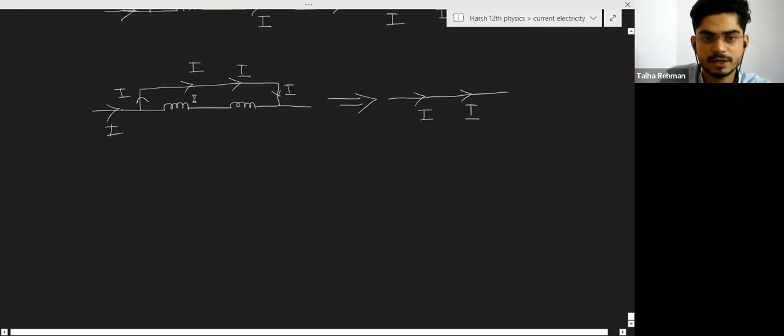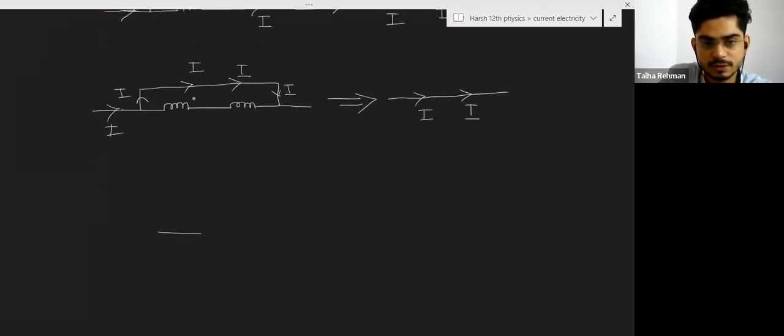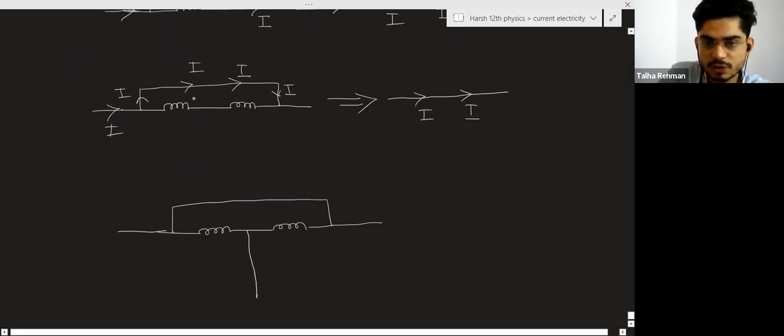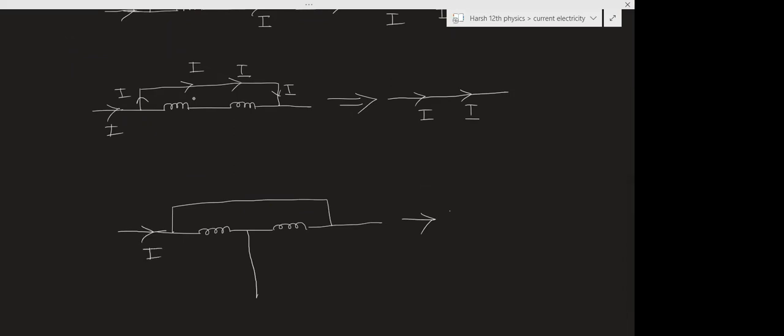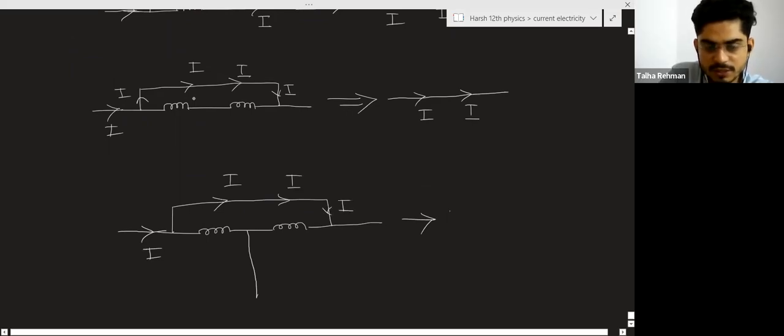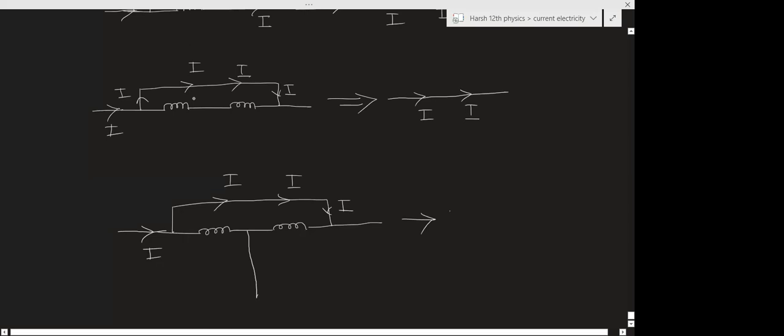And there is one more case. If two resistances are connected like this, and you have short circuited one resistance, but you have connected a wire elsewhere, this is not the case of short circuit, because see here, the current will go like this, and like this. No current in this, but this is another wire.